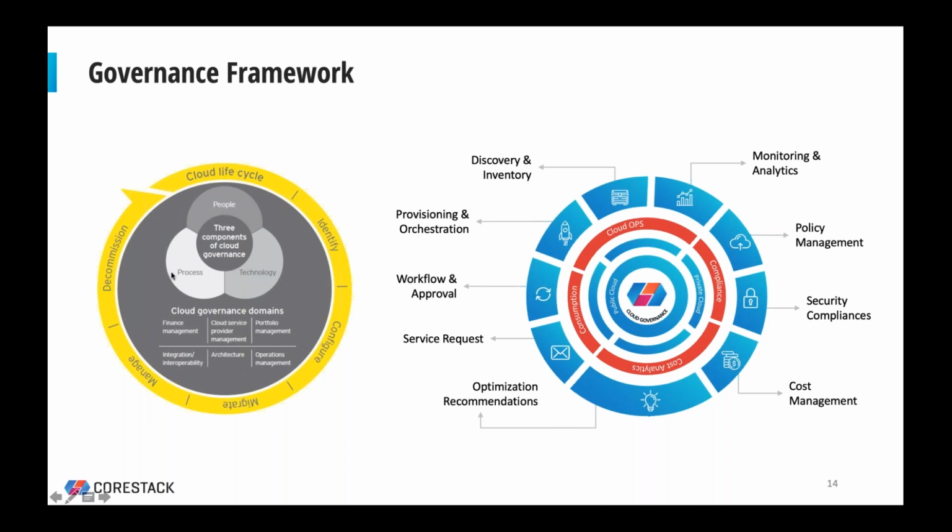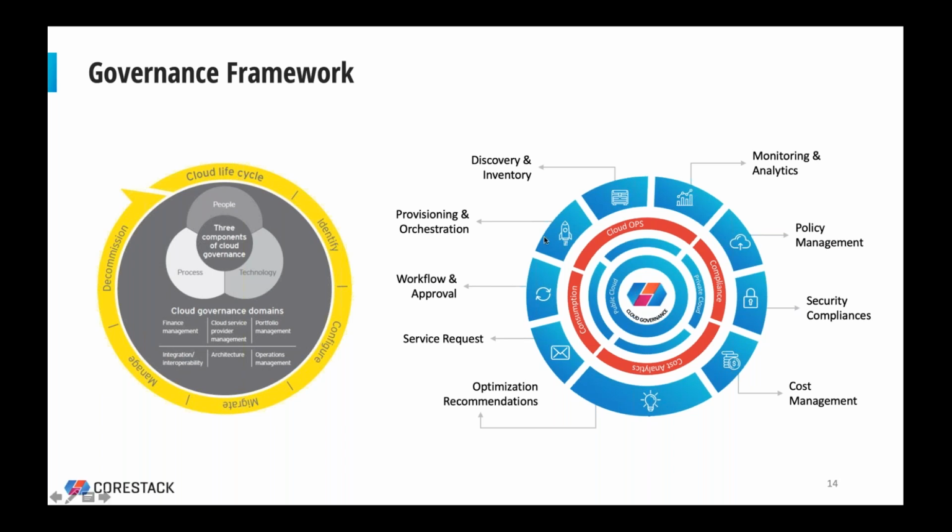Building the appropriate processes in place in order to adopt and consume the cloud. From this standpoint, most of the service providers have best practices for processes. So then it really comes down to, well, how do we implement those? Is there technology that can back the processes and enable the people? So it's a three-pillar focus.